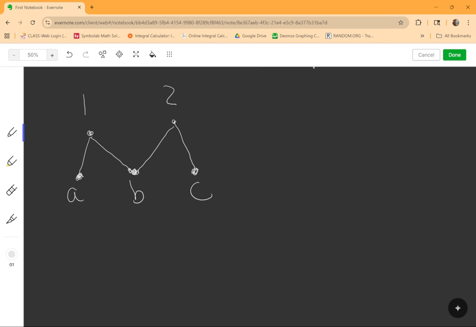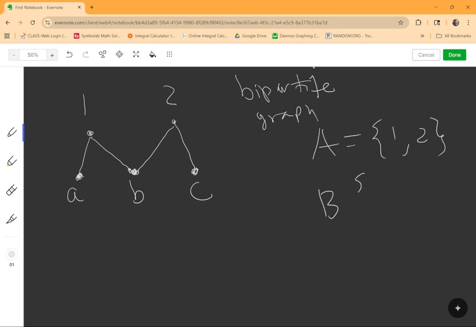This is an example of a bipartite graph, since we can define two sets: set A to be 1, 2, and set B to be A, B, C. In A, 1 and 2 are not adjacent. In B, A, B, and C are not adjacent. So that makes it bipartite.